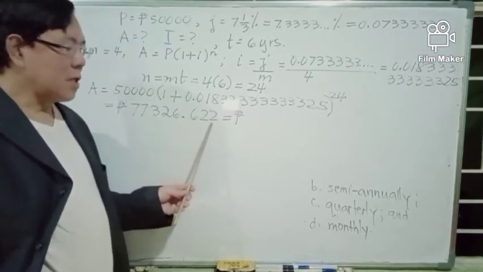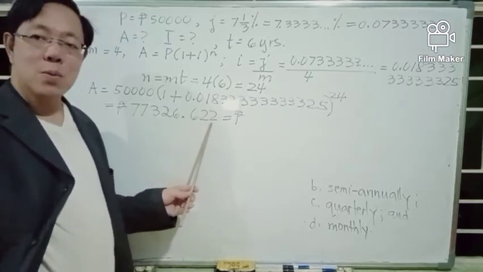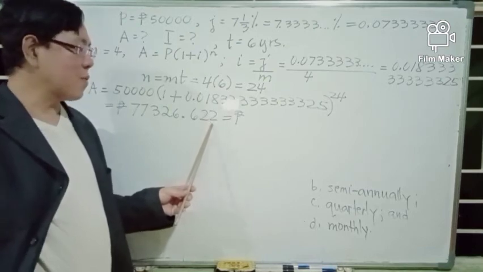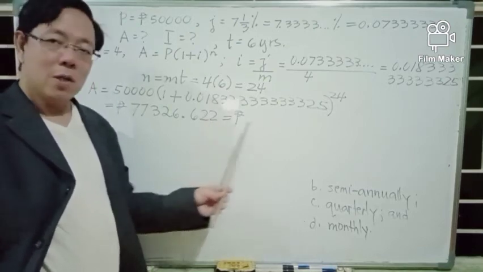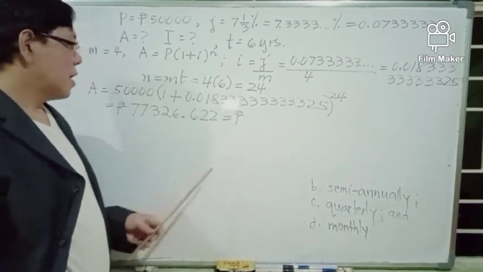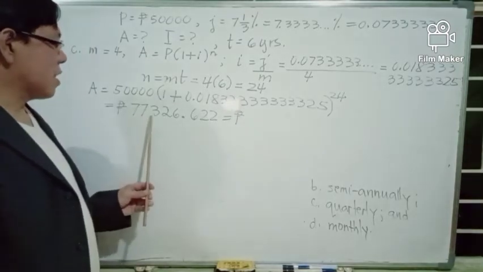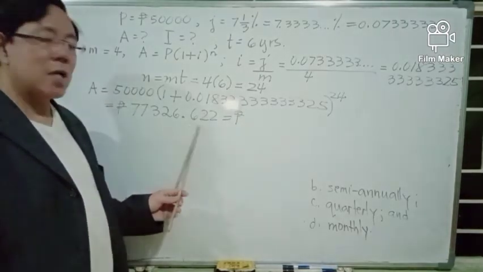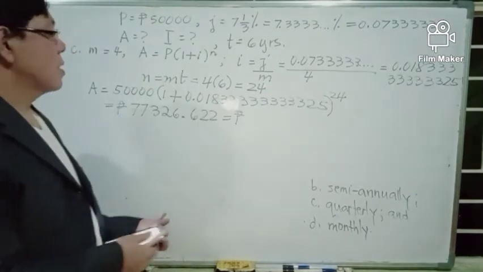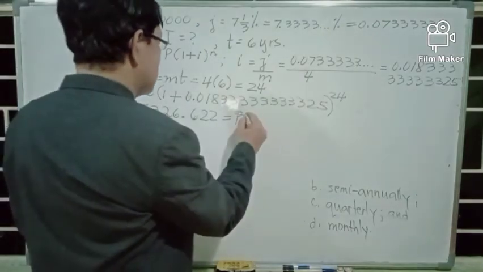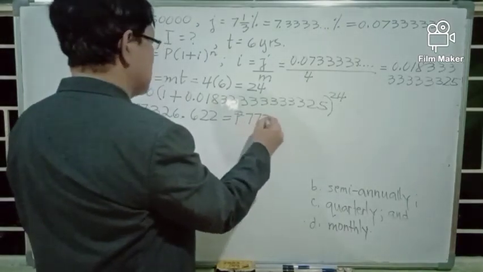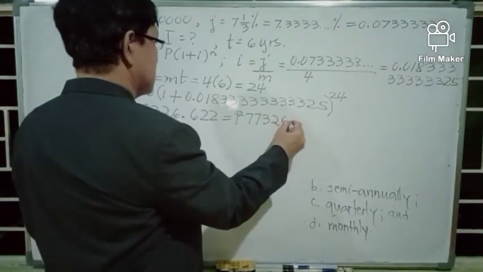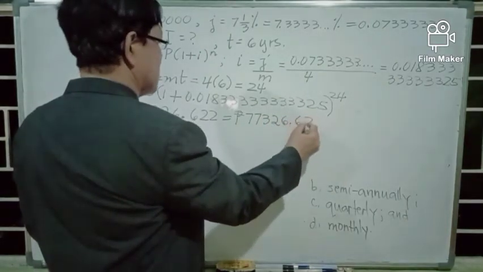That third digit is 2. Since 2 is less than 5, we drop 2 and all the digits to its right. And the final answer is 77,326.62.